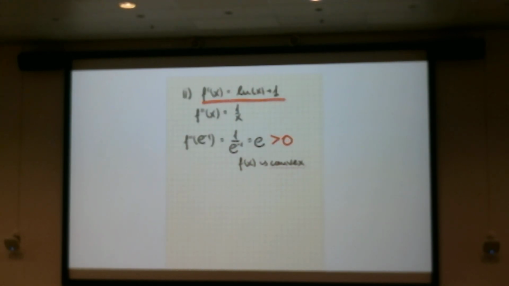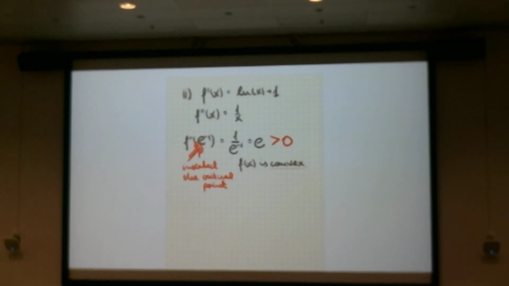Then we took a second derivative of logarithm of x plus 1. And that was very easy because logarithm of x has a derivative of 1 over x, and the derivative of 1 is equal to 0, but we never write 0. And then what we did, we now wanted to do the test, right? So we inserted the critical point to find out whether the second derivative is positive or negative, meaning whether the function around the critical point is convex or concave.